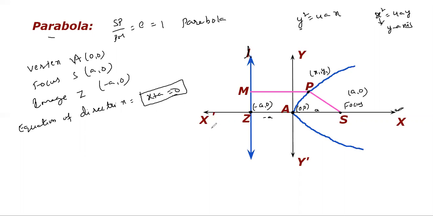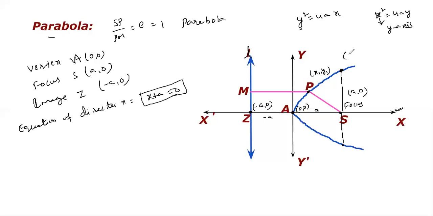And next, the ends of the latus rectum. The ends of the latus rectum is, from this point to this point, a focal chord. We call a line which is passing through the focus a focal chord.